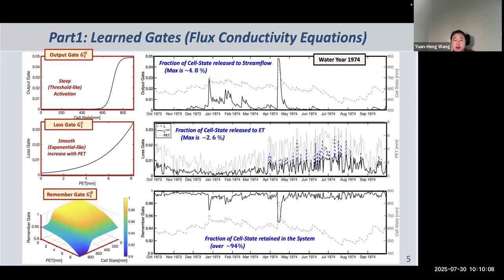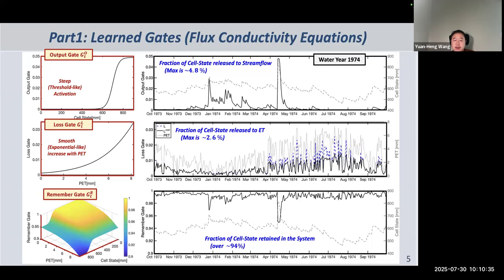Similarly, we assume that the loss gate is a function of potential evaporation, also governed by a nonlinear sigmoid relationship. Eventually, the loss gate appears to have an exponential shape as shown in the middle left, but it still probably represents the reality that there is more loss when the PET value is large, and less loss when PET is small.